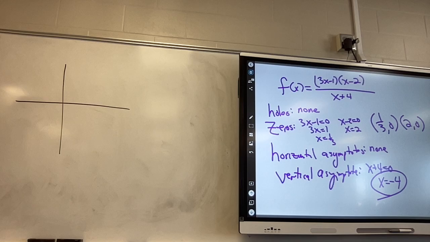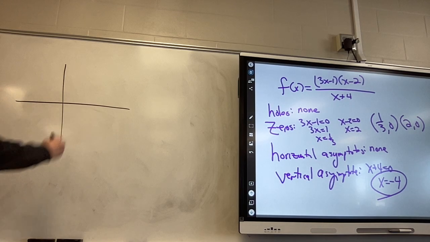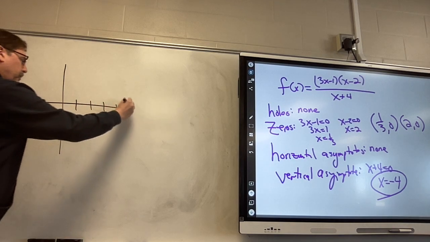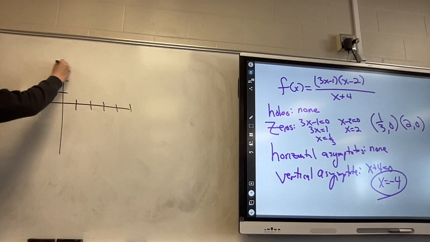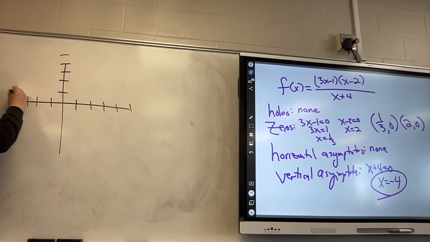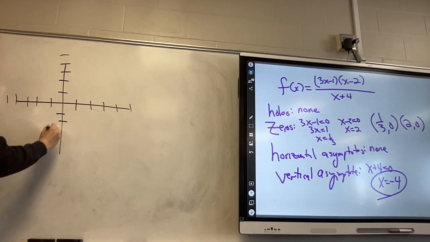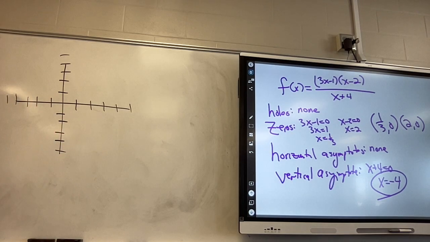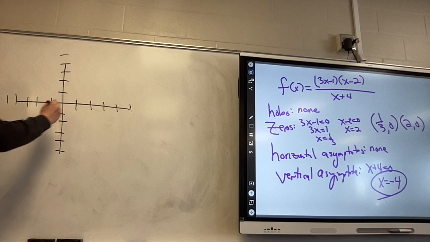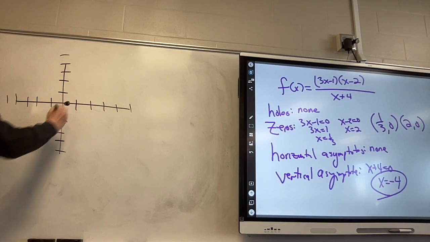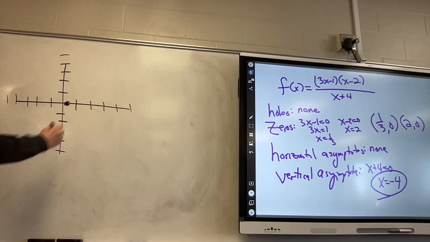All right. The zeros, would you please, how about we put maybe 5 or so dash marks going up, down, back, forth. We need to do more, we can do more. The 0 happens at 1/3, so about here, and at 2, about here.